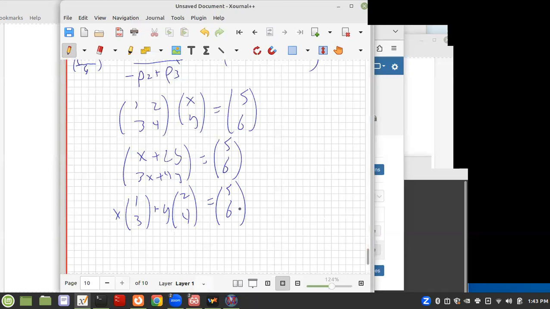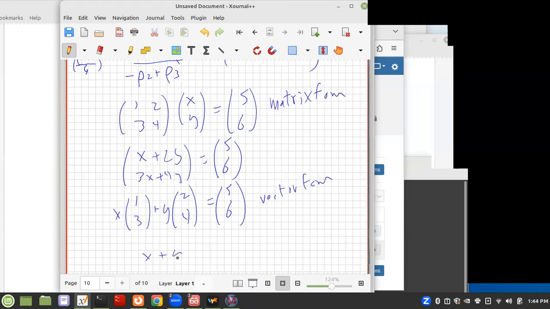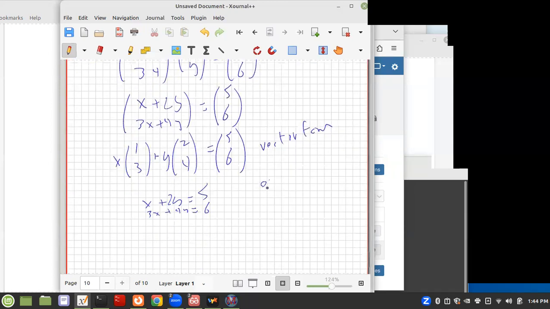And then you can also do the augmented matrix representation, but that augmented matrix is a technique that fits with any of these. This is the matrix form. This is the vector form, and x plus 2y equals 5 and 3x plus 4y equals 6 is the equation form.